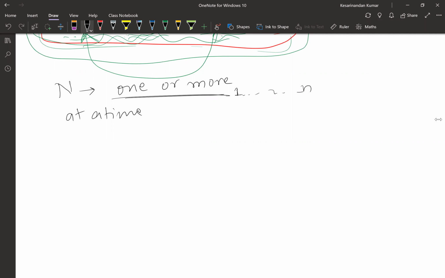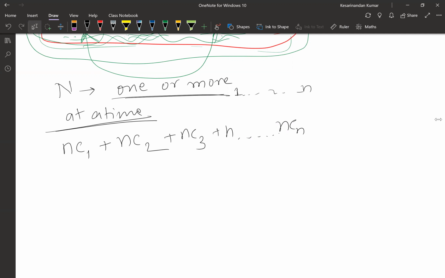That means in a single go, the total number that you will have is, let's say initially from n you chose any one, and here they are distinct. Next time you chose 2. Next time you chose 3. Similarly, you can choose any number from 1 to n.